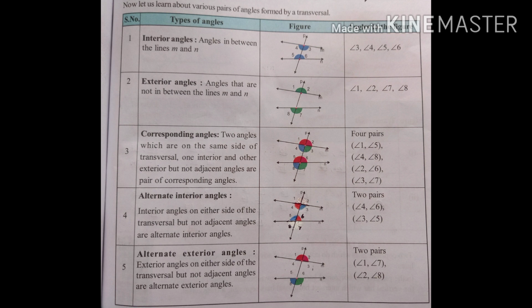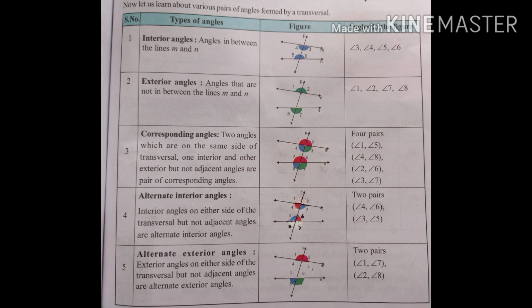One is exterior, another one is interior, on the same side of the transversal. Look carefully, children. Angle 1 is exterior, angle 5 is interior, but angle 1 and angle 5 both are on the same side of the transversal.